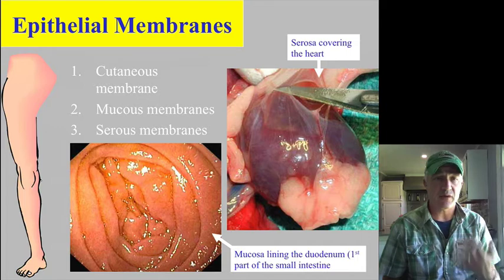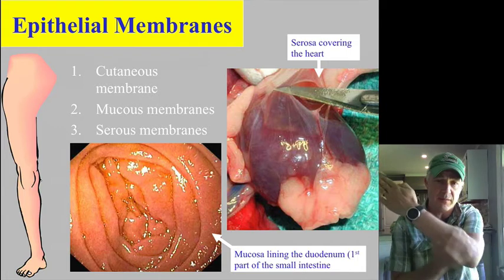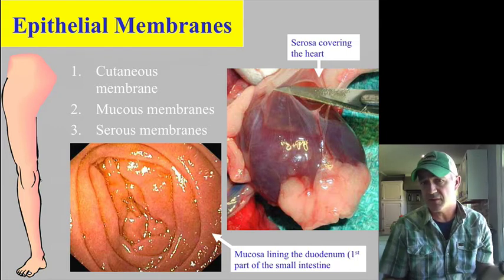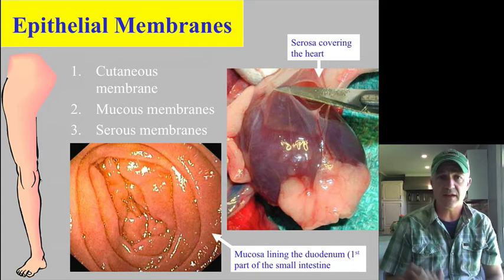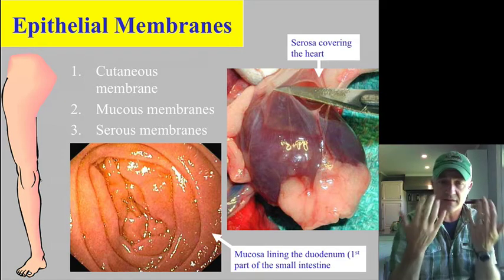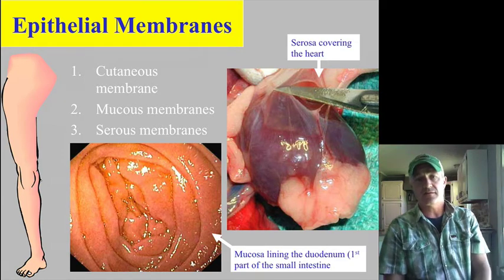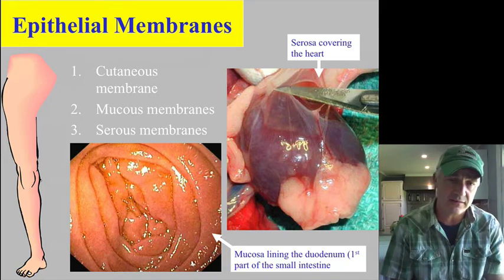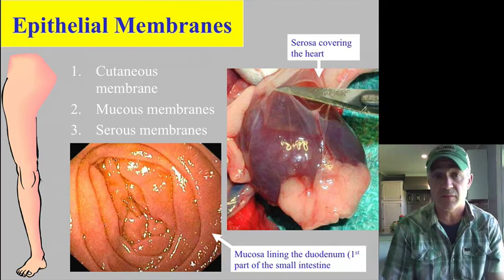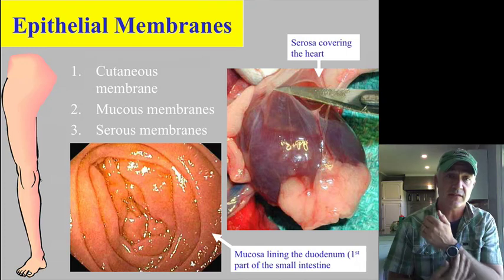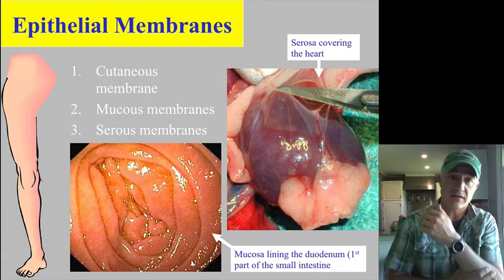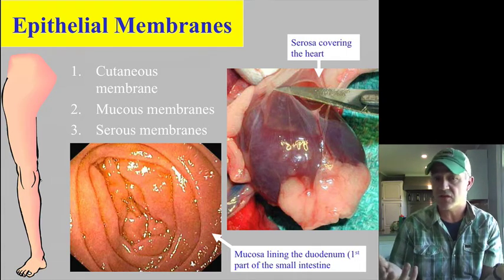The cutaneous membrane is a really easy one. It's just that epithelial membrane that makes up the skin. It is a dry type of epithelium. Mucous membranes line the inside of the mouth and the inside of the nasal cavity. They have very similar types of cells to the cutaneous membrane, but not that dry type of epithelium. It's not keratinized. We're going to see the non-keratinized type, and there are going to be mucus secretions on it.